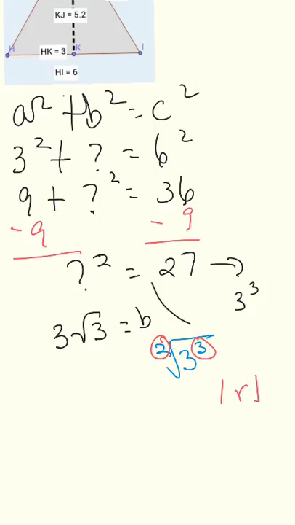If we know the middle side, whatever is in front of our radical is our short side, and we take that number and multiply by 2 and we get our hypotenuse. If we know the hypotenuse, we divide it by 2 to get the short side, and then we multiply by the square root of 3 to get the medium side. And that's the pattern with the 30, 60, 90.